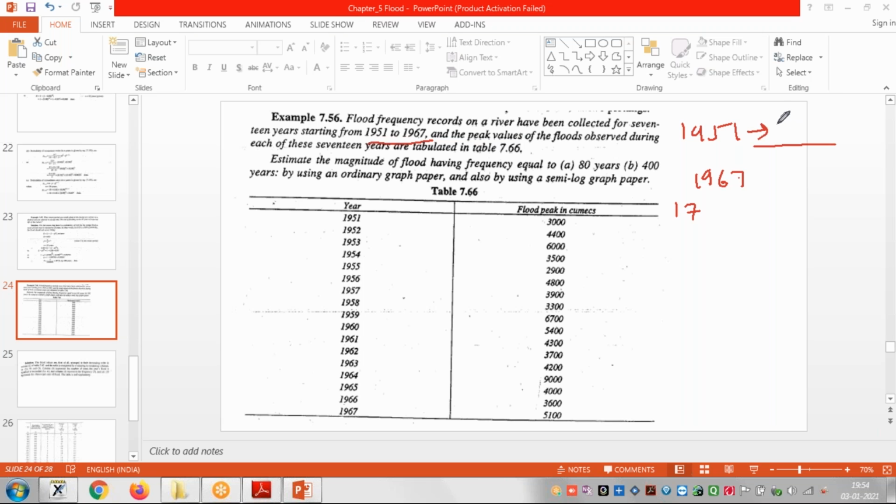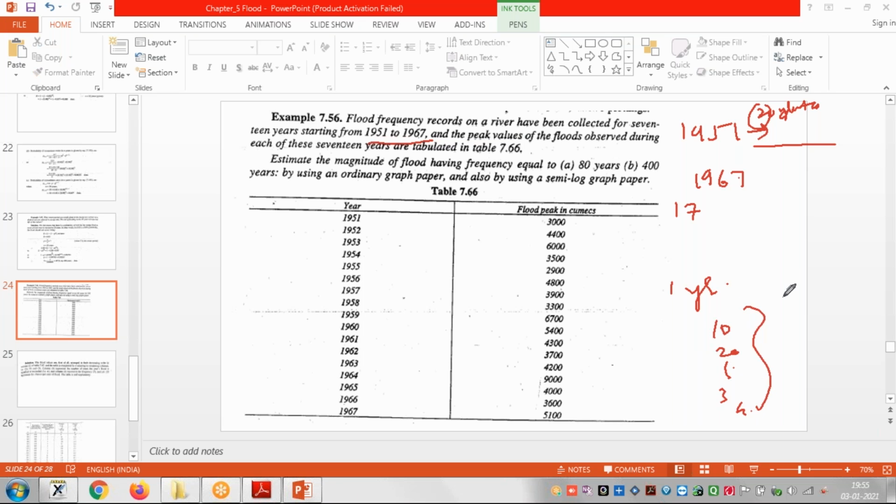Suppose in 1951, there may be, suppose, a total of 20 data. Out of 20 data, in 1 year, suppose sometimes some peak discharge came, suppose something 10, for example, then 10, 20, then 5, then 3, then 4, likewise.